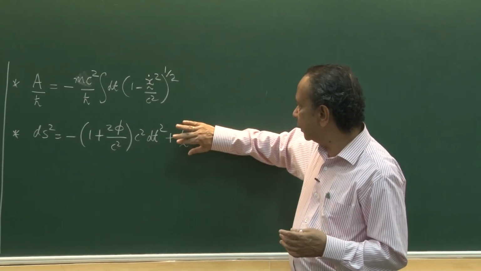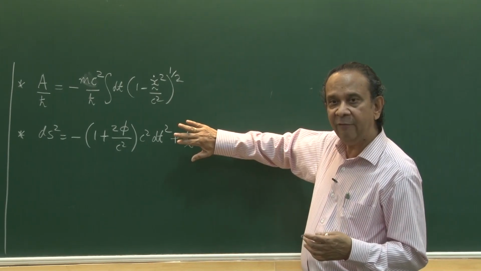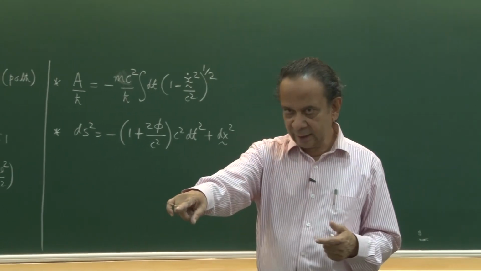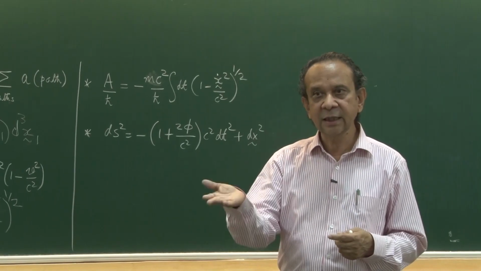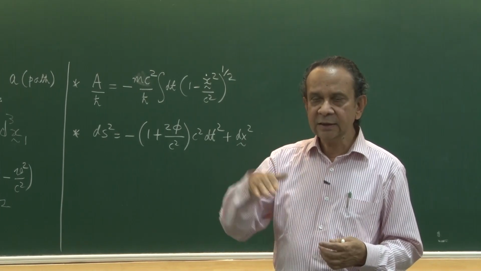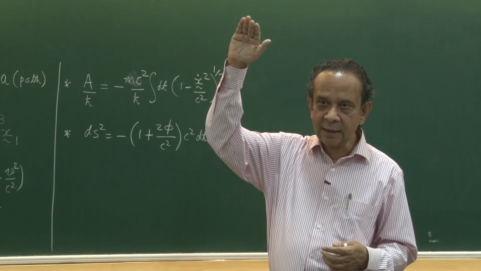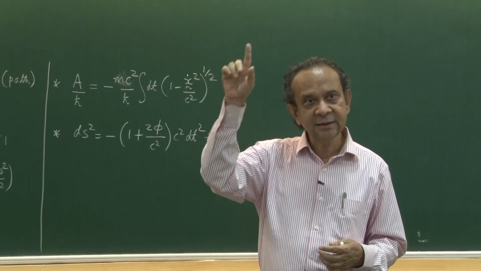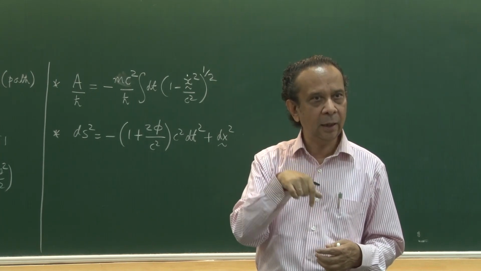Correspondingly, what this result tells you is the following. If I have a particle at rest in a gravitational field, think of a clock which is kept here, and now take Earth's gravitational field into account. Earth's gravitational field becomes weaker and weaker. At infinity we take phi to be 0, and at any given point phi is negative, minus GM by r.